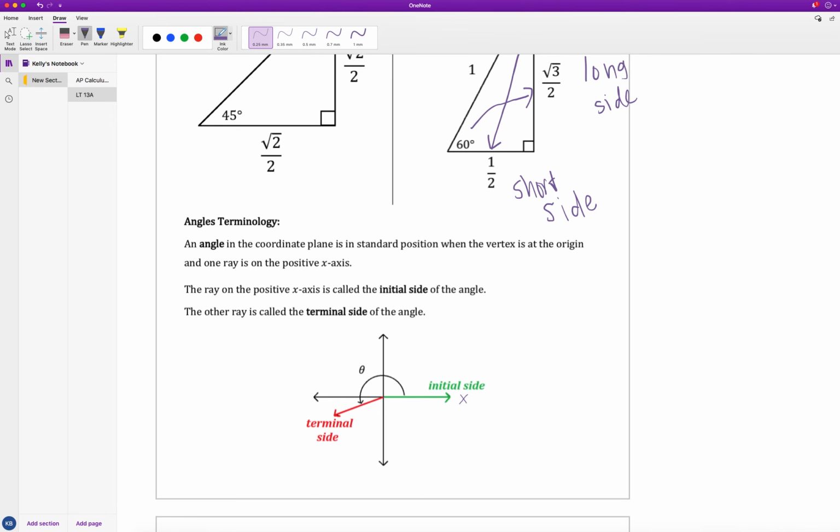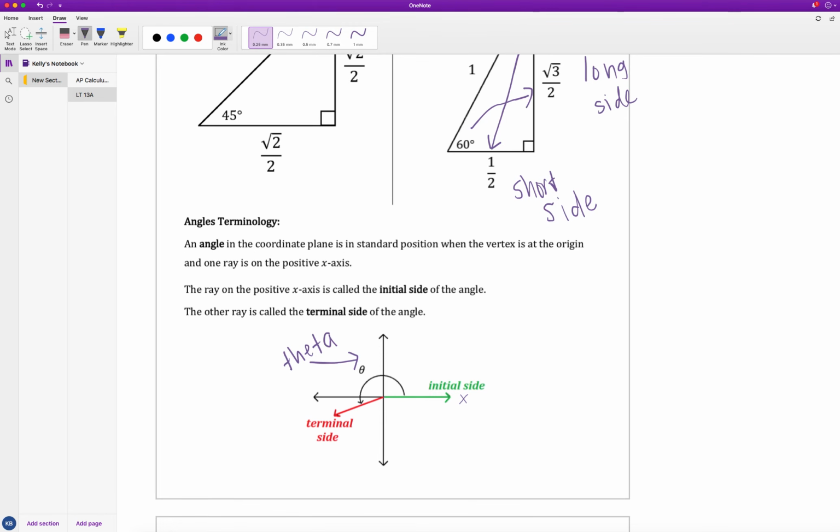And so my angle starts at the positive x-axis, which is my initial side, and I decided to rotate up and over down into quadrant 3 for my terminal side. So this angle here, which is going to be bigger than 180 degrees since it's more than a straight line, is going to be my angle that I'm calling theta. We are going to look at some Greek letters in this section, and just to make sure, that is the Greek letter theta.